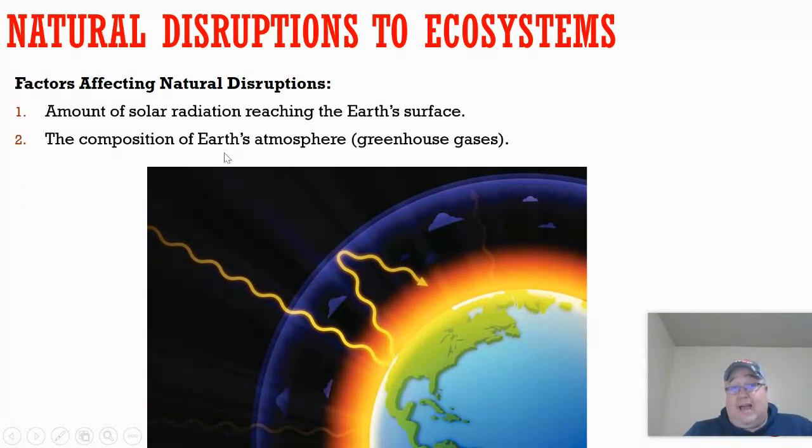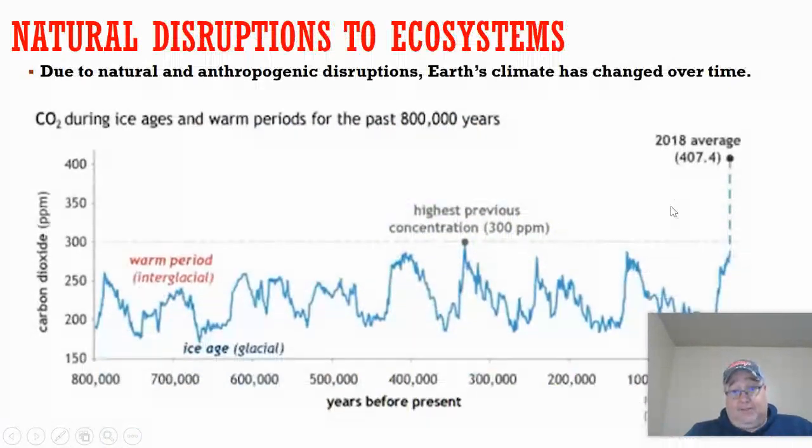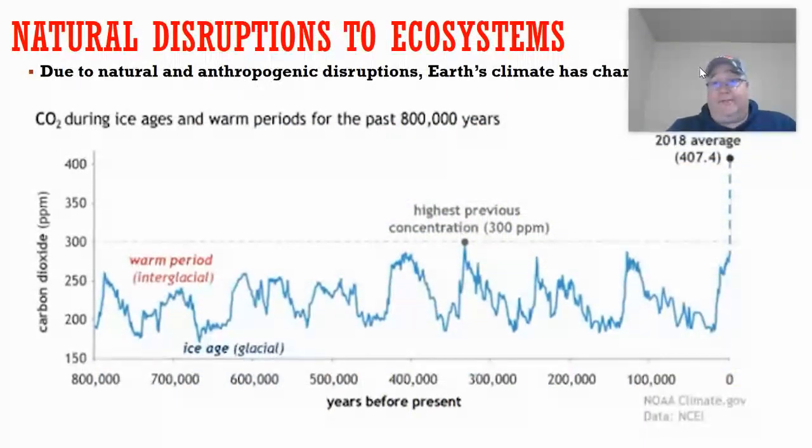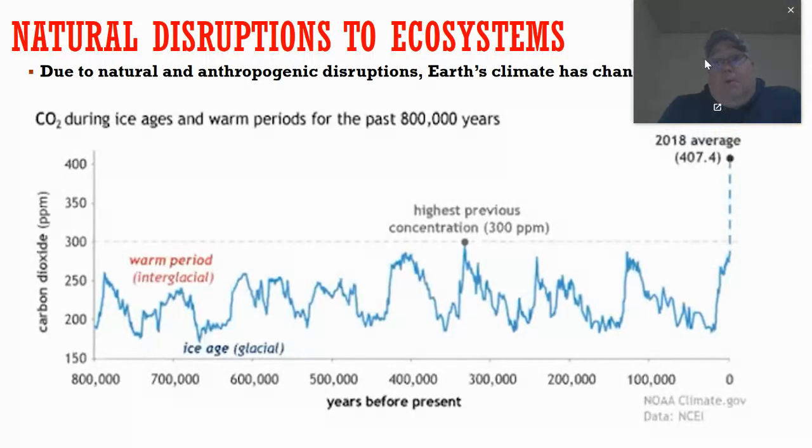Another one is the composition of the atmosphere. The atmosphere today is not exactly the same as it was 100,000 years ago, 200,000 years ago, even a million years ago. Really good evidence of this is this graph, which you'll most likely see again. I think it's a really interesting graph, and it shows the impact that humans have on our atmosphere.